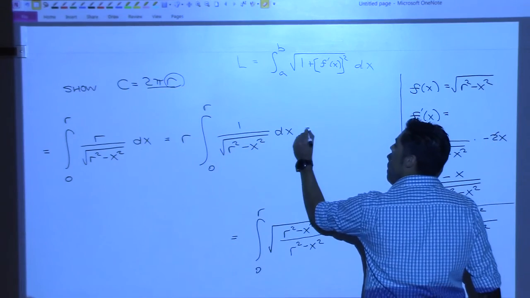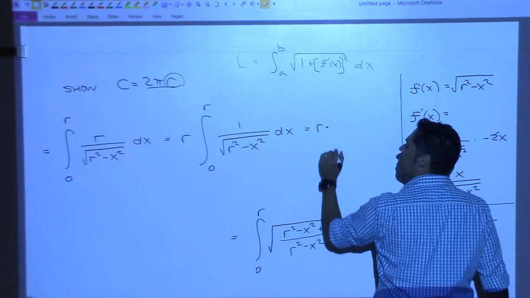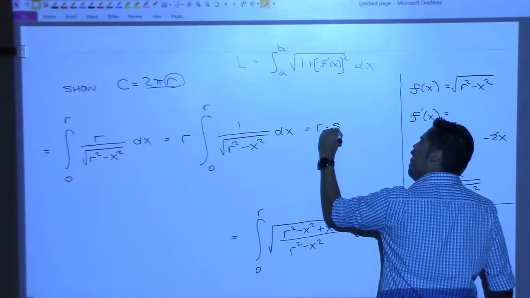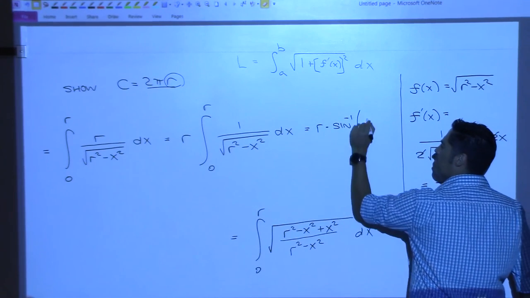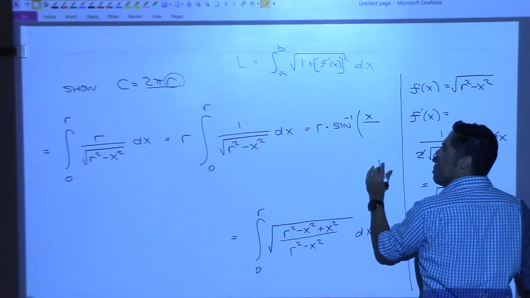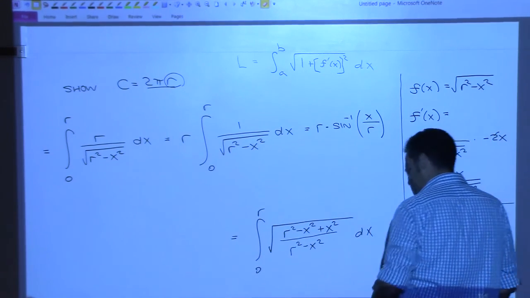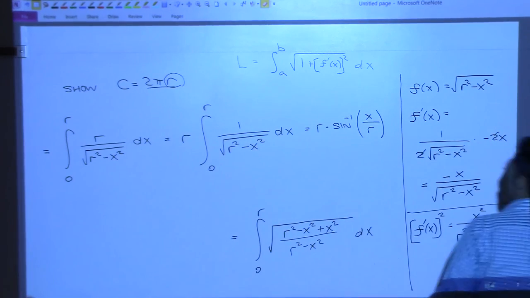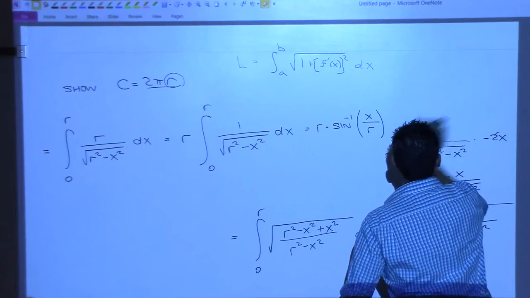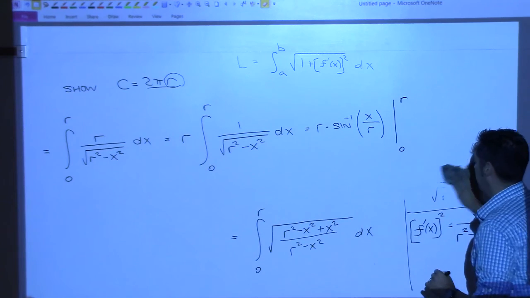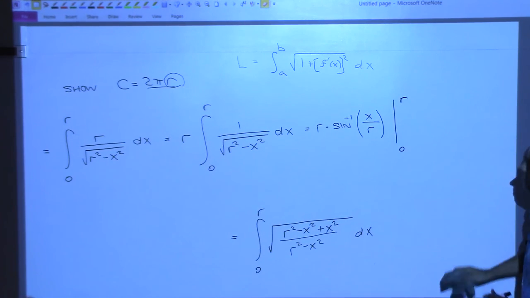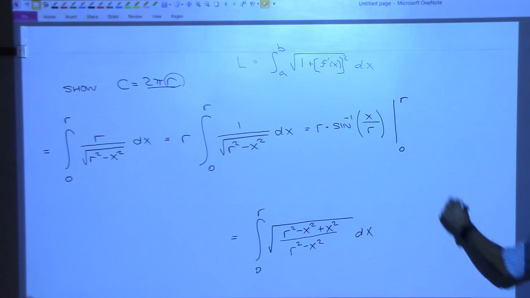So the variable over the constant here. So this should be r times arc sine of, what's our variable? x, over, what's the a for us? r. And then we still need to do a definite integral here. So what's our definite integral? 0 to r. Okay, this is going to be really nice.